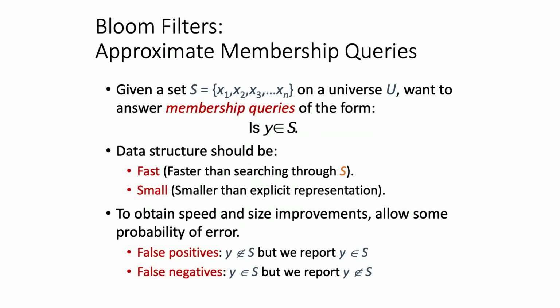But the idea is we'd like a data structure that's fast, ideally even faster potentially than binary search. And more importantly, it should be small, smaller than explicitly representing the whole set. So that does away with the whole search idea. And to allow these sorts of speed and size improvements, we have to trade off something. So we're going to allow some probability of an error.